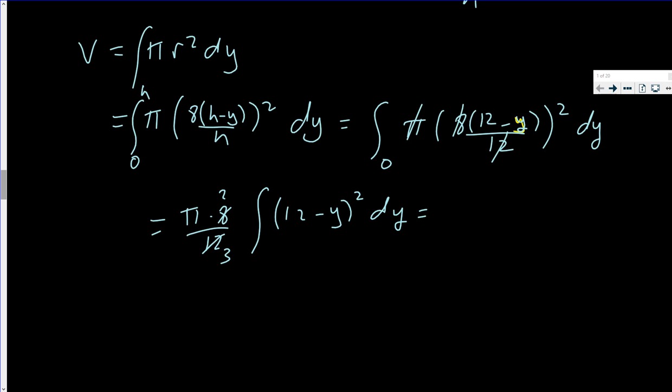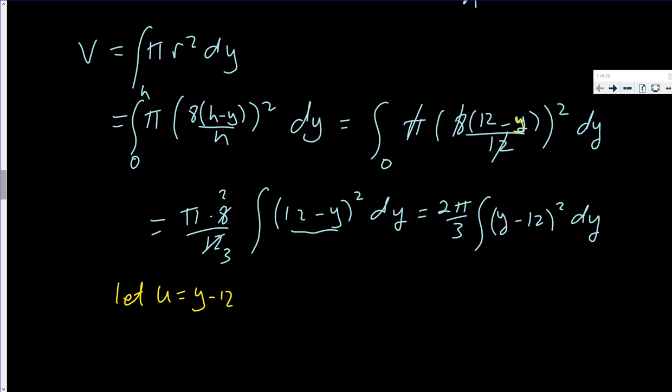I'm going to make a substitution, and to make my life easier, I'm going to call that y minus 12, because when you square it, it doesn't matter. Let u equal y minus 12. Then du will be just dy. Well, that's easy.